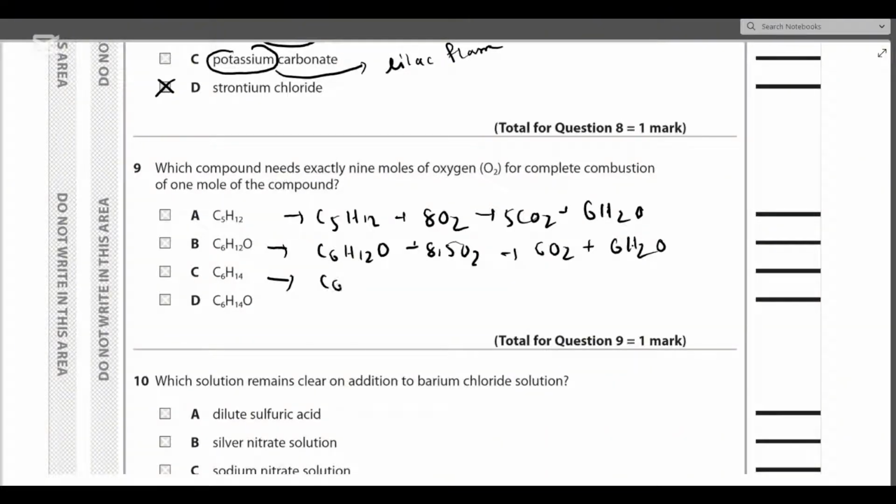If I talk about this one down here, you have C6H14 plus about 9.5O2, giving us 6CO2 plus 7H2O. Again, we have 9.5, not 9, so that's not correct either. So the only option left is D, so D is the correct answer.